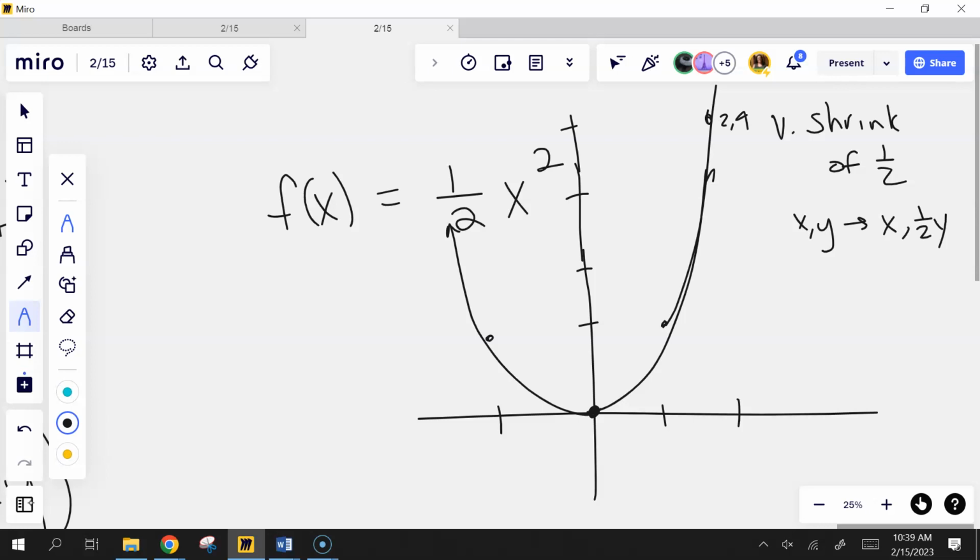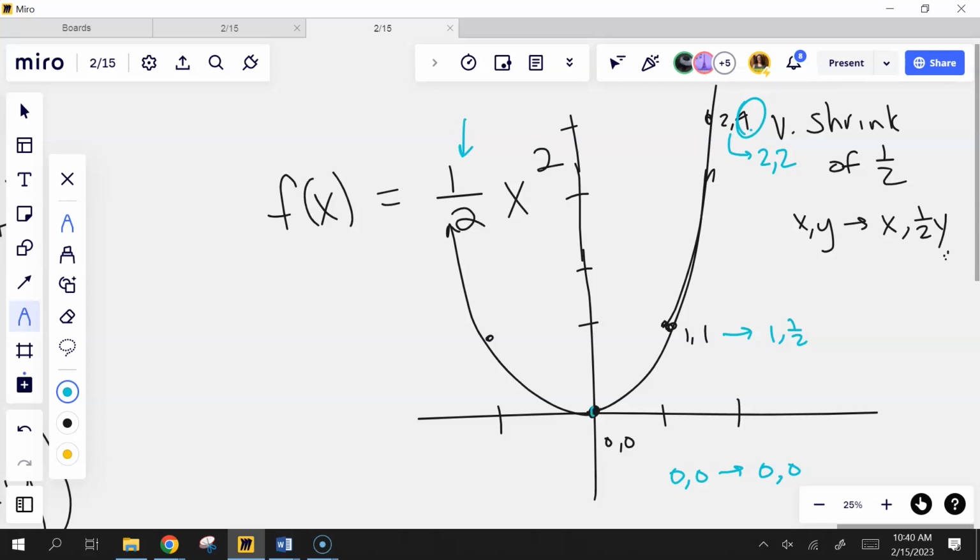To find out where these points are, here's what I have to do. I keep x the same. This is coming right off of your sheet. I keep x the same, and I multiply every y by that a value. So (0, 0) obviously stays (0, 0). (1, 1) becomes (1, 1/2). (2, 4) becomes (2, 2), because you multiply the y value by that factor.